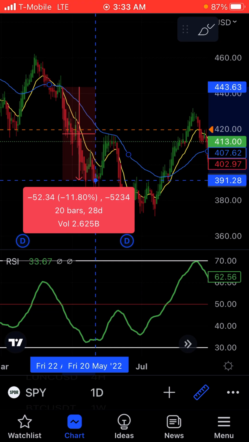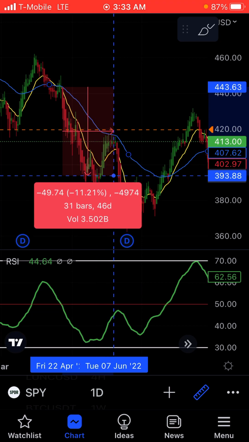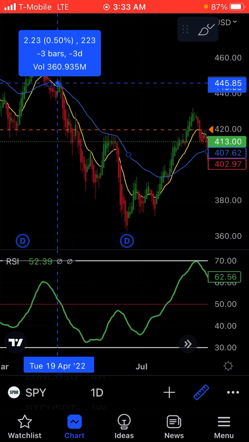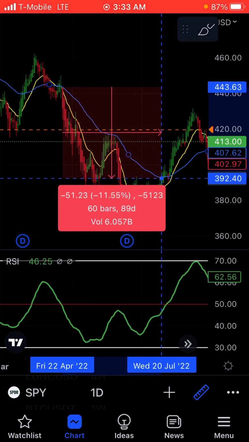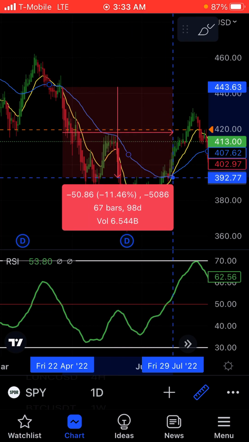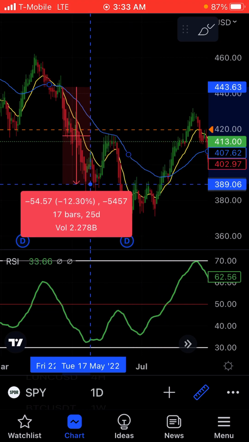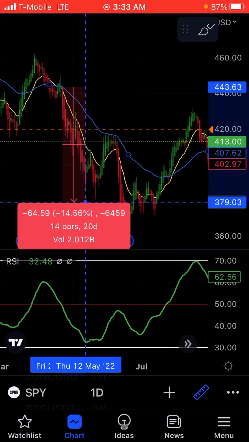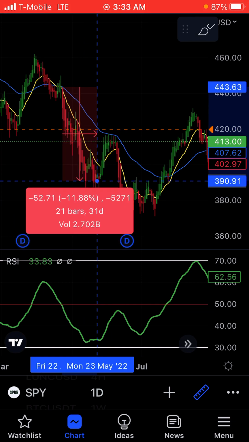You can focus on the RSI when it starts curving back up, or you can focus on when you see it crossing here and when it crosses back up. That's another point. But if you focus on when it crosses back up, you won't make as much money. My opinion is to focus on the RSI, and when the RSI starts curving, you'll make more that way.